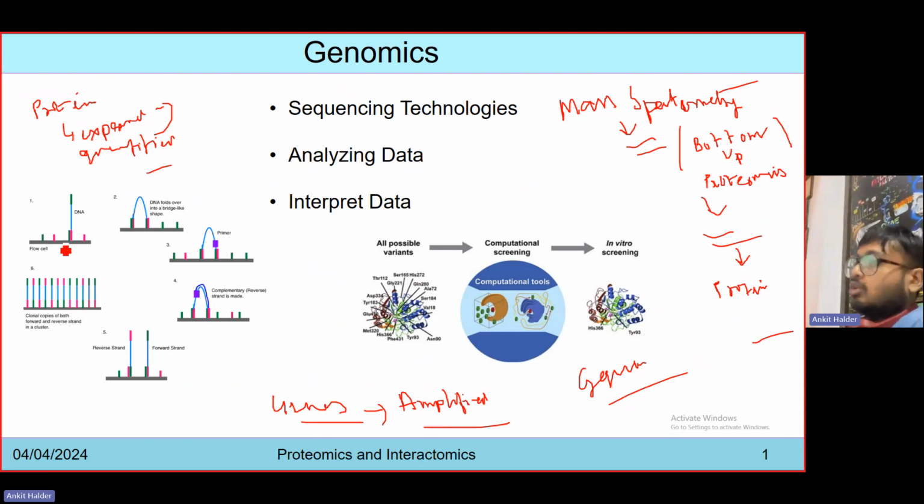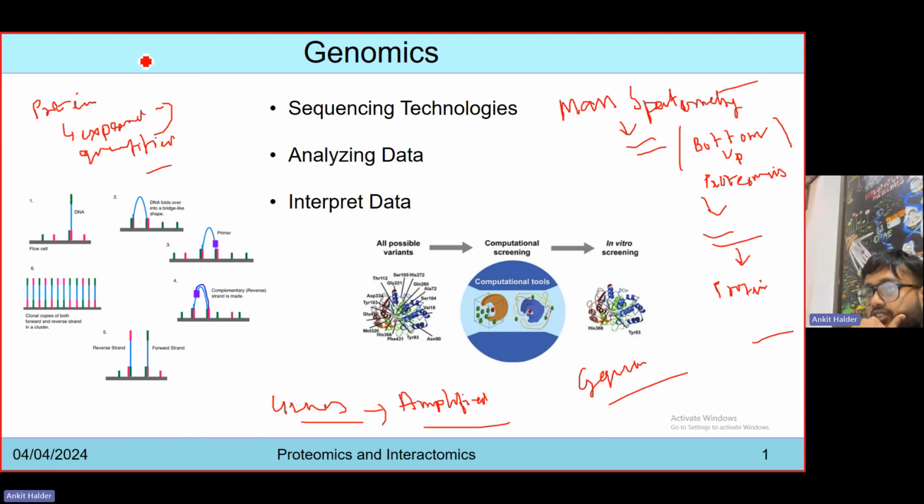So if we talk about the word genomics, as we have spoken about in the first lecture, the term omics refers to all, and genomics refers to all the sequences present.